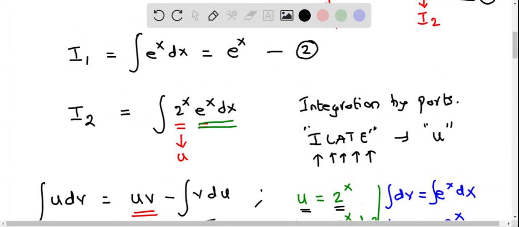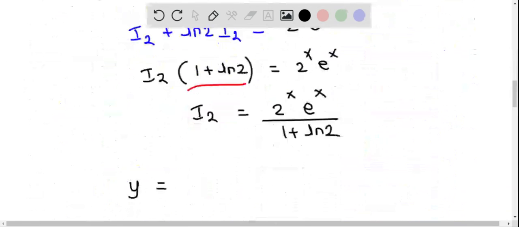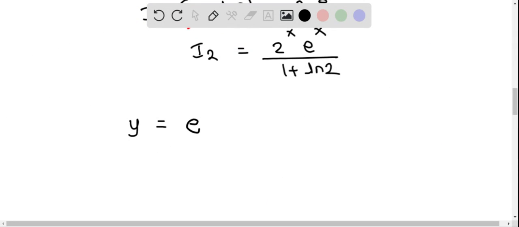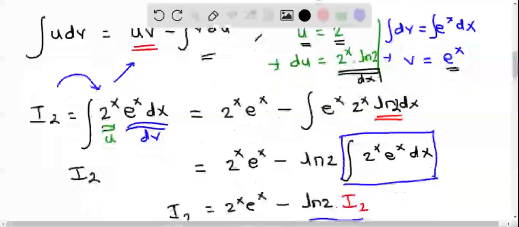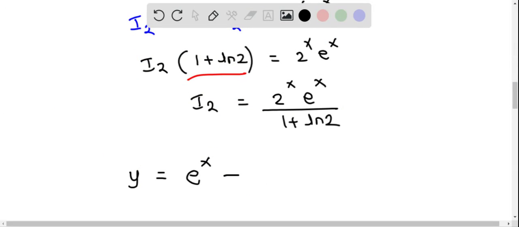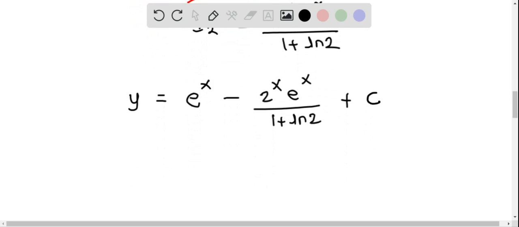We have I1 equals e^x. So I can substitute e^x, and in equation number 1 we have negative the integral of I2, for which we already found the result, 2^x e^x divided by 1 plus ln 2, and this time we put the constant of integration as c. So basically this is the antiderivative of our original function.